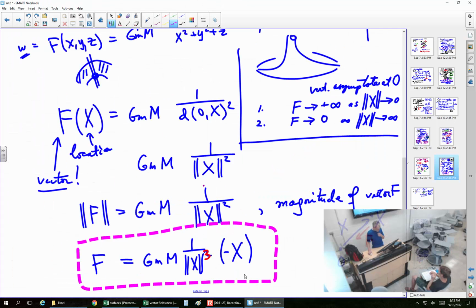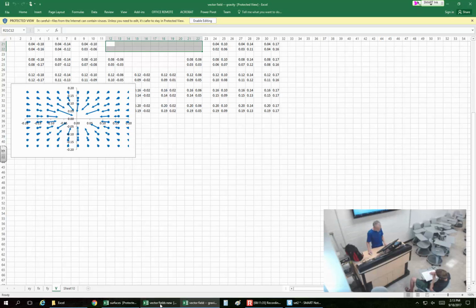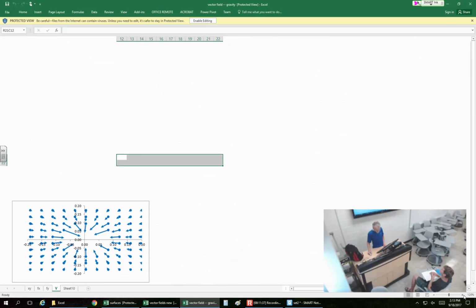In the meantime, what is the point? Why is it working? Oh, okay, it's working. So here it is. It just takes time to refresh the whole thing, but you can see how the arrow is pointing towards the origin.